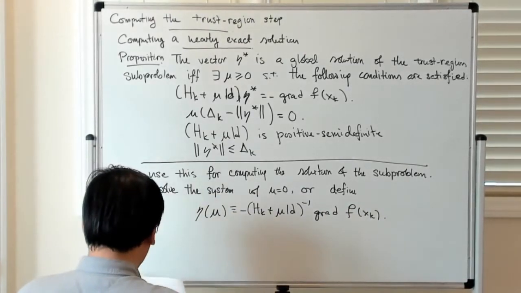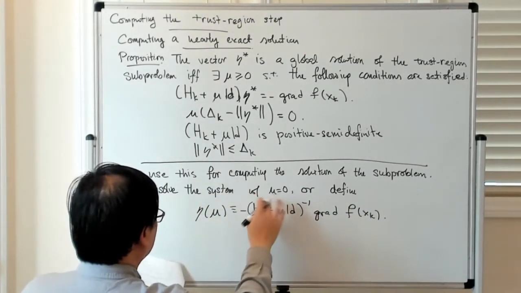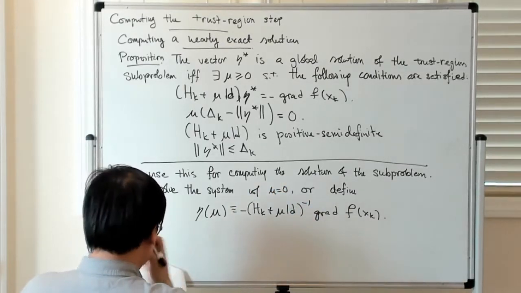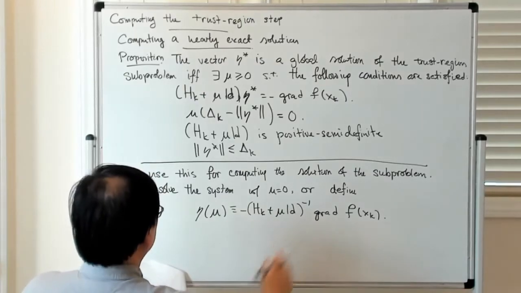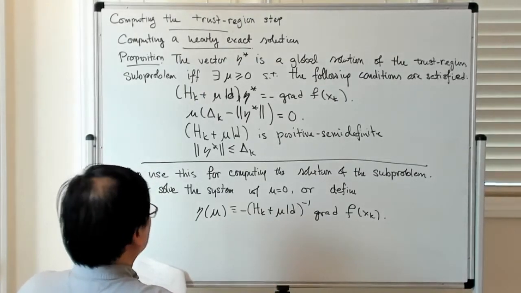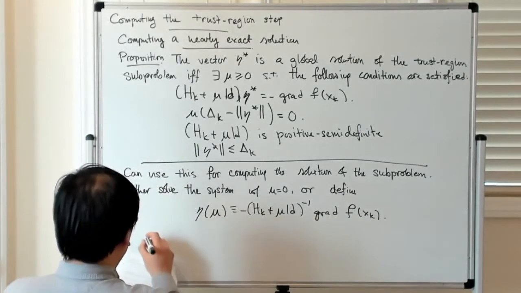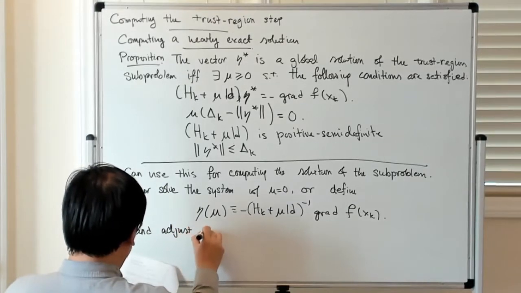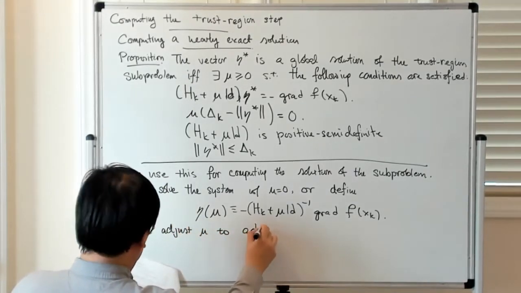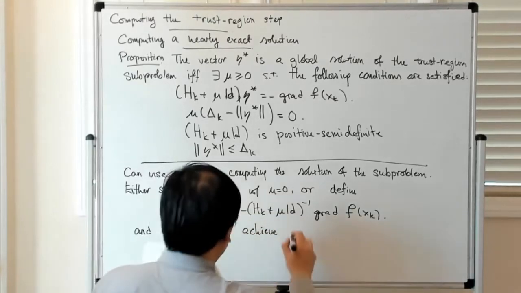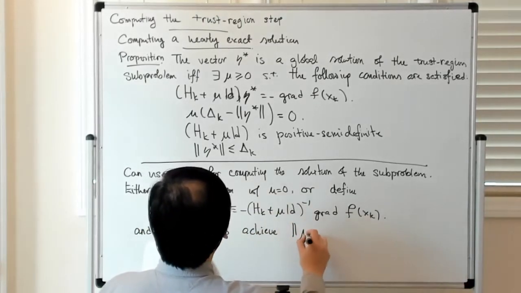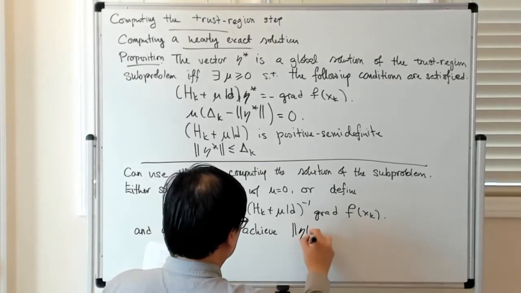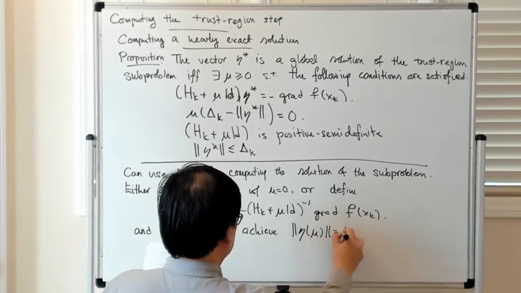So there are two general possibilities: mu is 0 or mu is not 0. If mu is not 0, we can compute this as a function of mu, and then we adjust mu to achieve the condition that the norm of eta as a function of mu is equal to delta k.